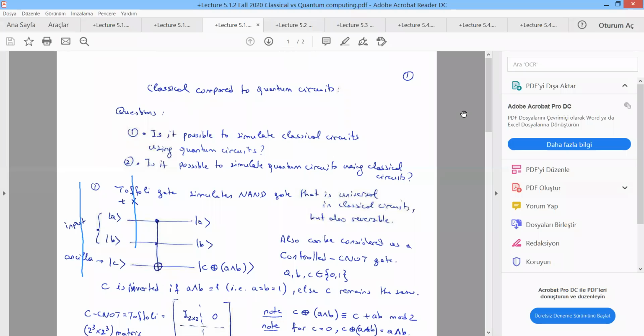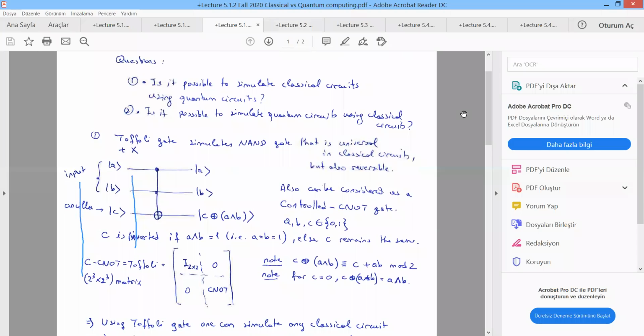Again, once more, just to be more precise on what is possible with quantum computation, we can ask two fundamental questions. The first question is, is it possible to simulate classical circuits using quantum circuits? And the second question is, is it possible to simulate quantum circuits using classical circuits?